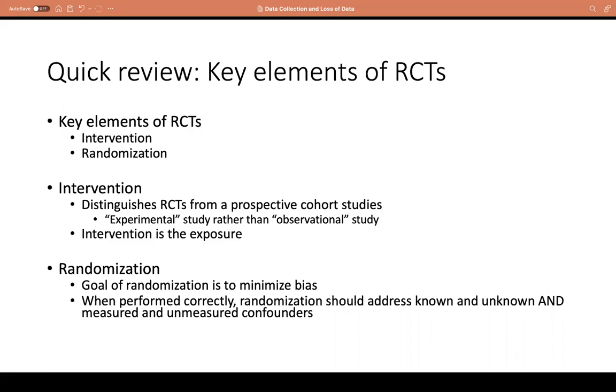And there are confounders which we can measure fairly precisely. But even if there are things that we know about, we may not always have good ways to measure them. But again, randomization should address those as well. And so that's why randomization is such an important tool and really the key aspect of RCTs.